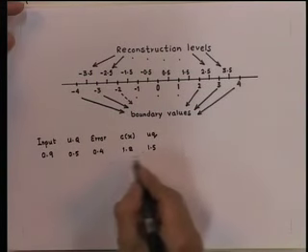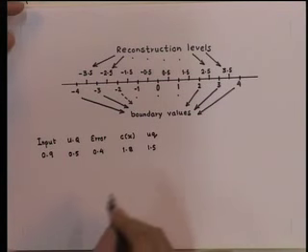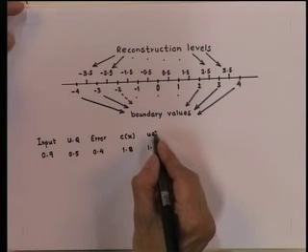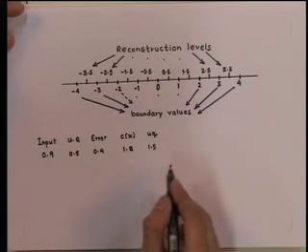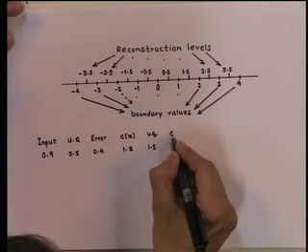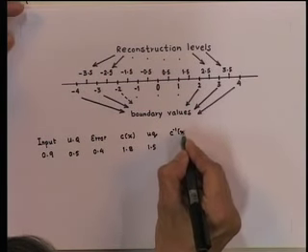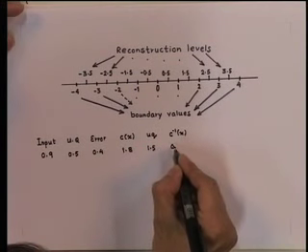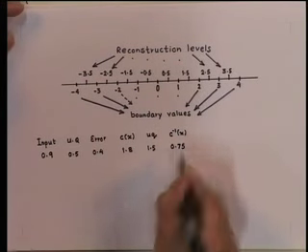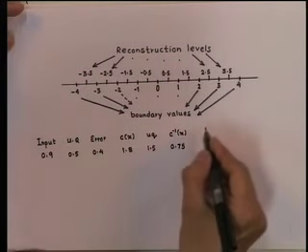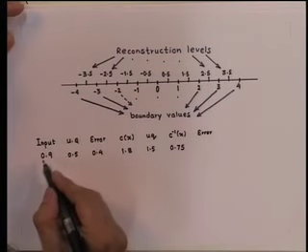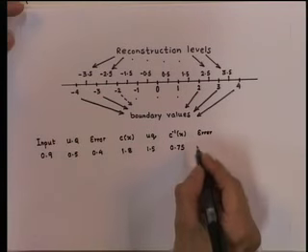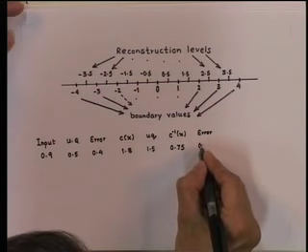So, the apparent error is 0.3, and then finally, the quantized value passes through the expander to give the value 0.75, and in this case the error is the difference between 0.9 and 0.75, that is 0.15.